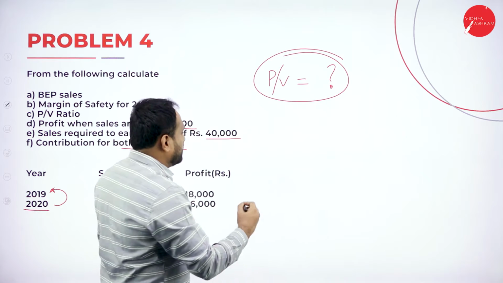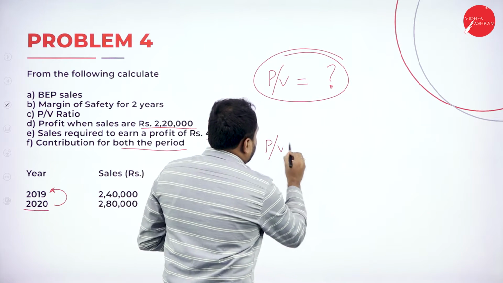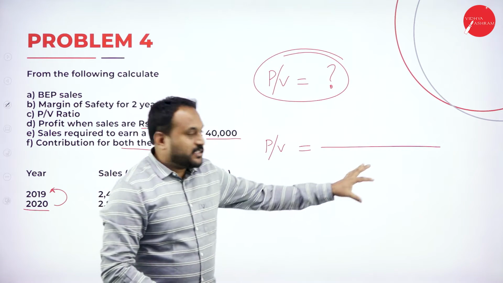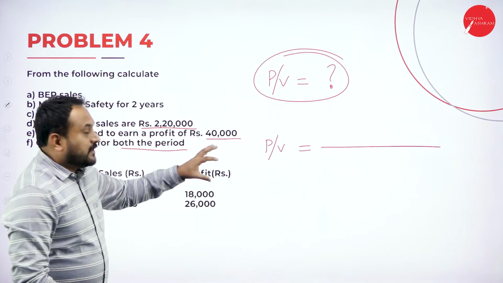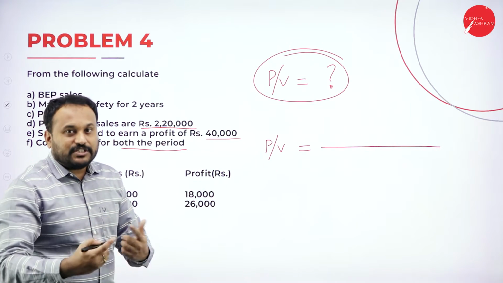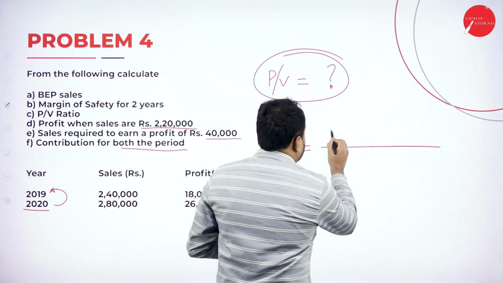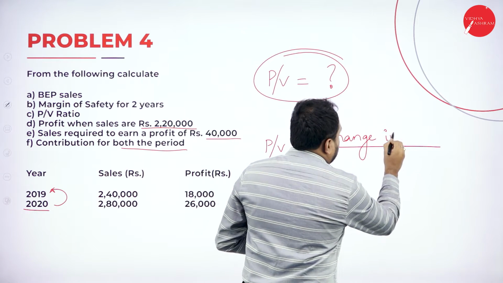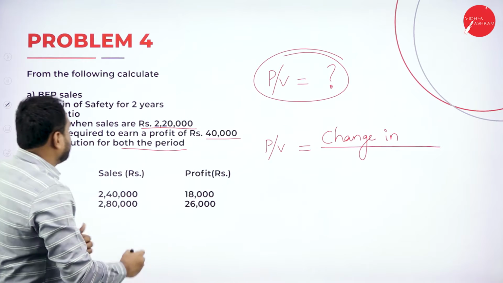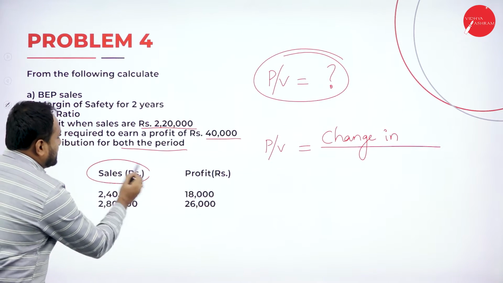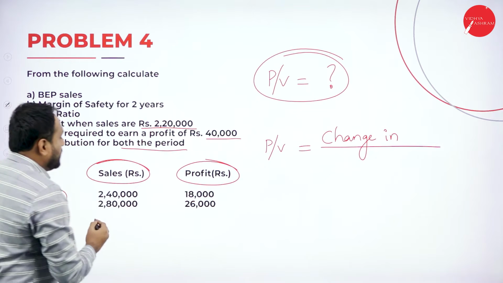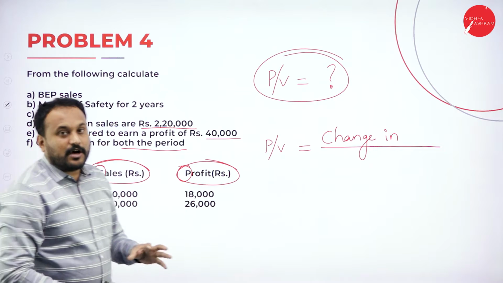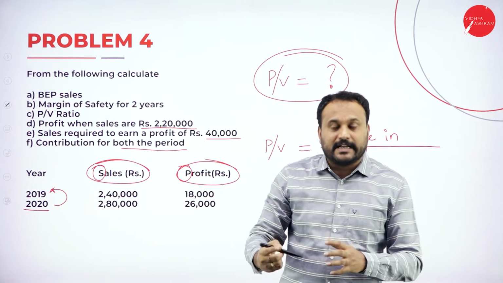Understand how to remember this formula. PV is equal to, you put a numerator denominator combination. Now understand. It's a new formula, that means there is a change in the formula. So here first thing only you should go with change. Change in. Now understand how to remember. Let's go with this. Sales, profit. Now here it is S, here it is P. Now understand the combination. How to remember this, how to understand this.